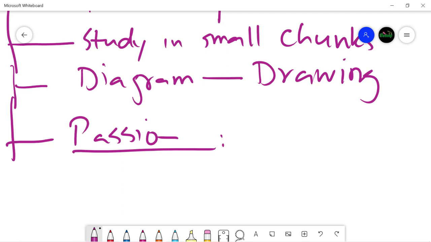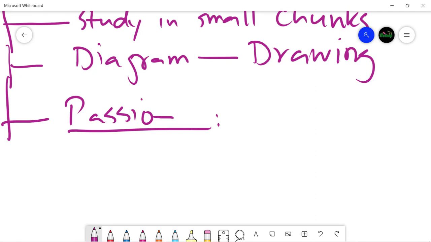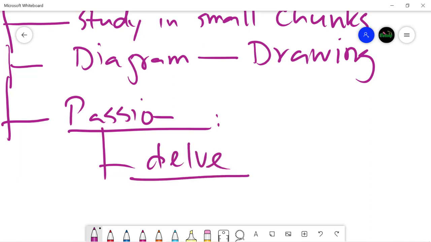But believe me, even if you don't have passion for plants, or botany was not your favorite subject, when you delve into the study of morphology or plant parts, things will start to interest you more and more. If you start getting the meanings of the various terms and descriptions and definitions, it will obviously interest you.